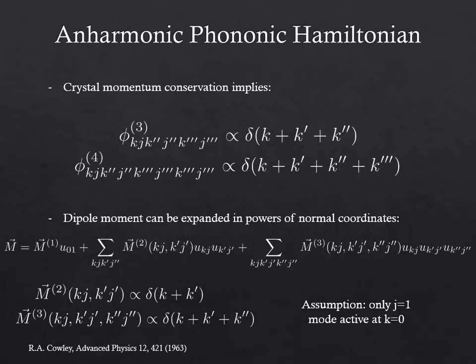So every time I write 0, 1, it means k equals 0 and j equals 1 for an arbitrary mode. And if I don't assume that, there won't be any physics problem. It'll just be a bit more complicated to add up all the contributions, and it will just take a bit more time and more space. But we've omitted that here.